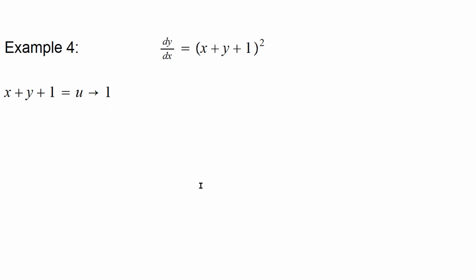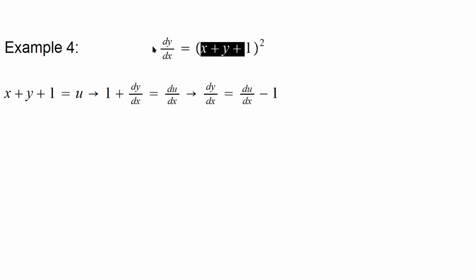So what I'm doing is I'm differentiating it just to relate dy dx with du dx, and here we go. We got the relationship as this, and that gives us that dy dx is going to be du dx minus 1, where u is this quantity, x plus y plus 1.